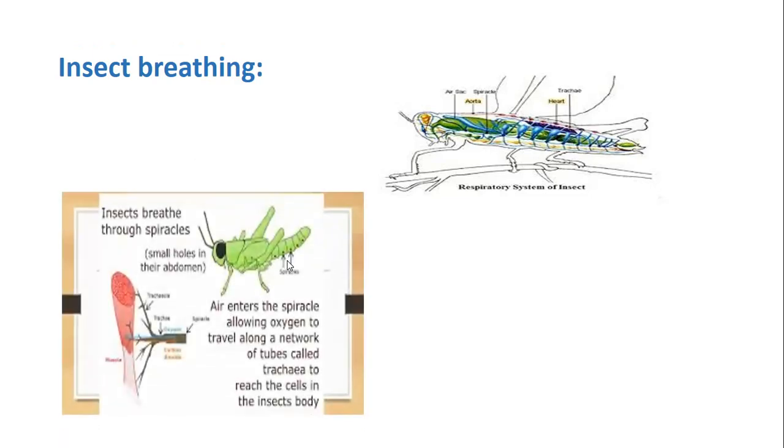Okay, this is the spiracle. There are many spiracles. Insects breathe through spiracles, small holes in their abdomen. Air enters the spiracle, allowing oxygen to travel along a network of tubes called trachea to reach the cells in the insect's body. This is the trachea with its spiracle. And these are the tissues of the insect.